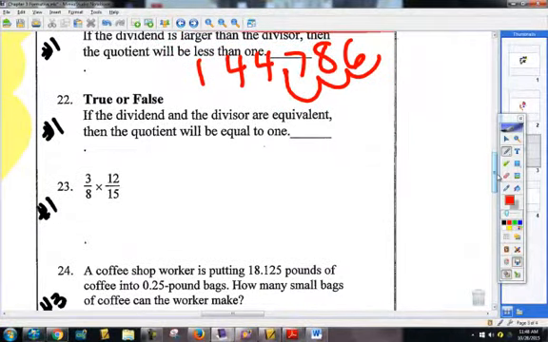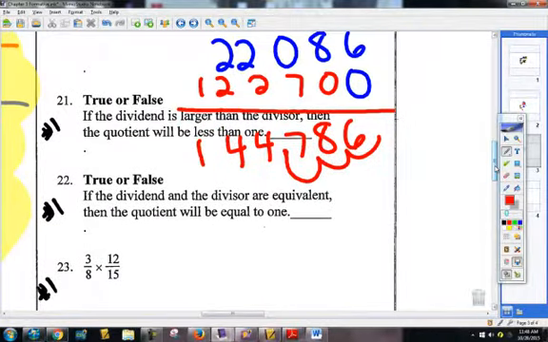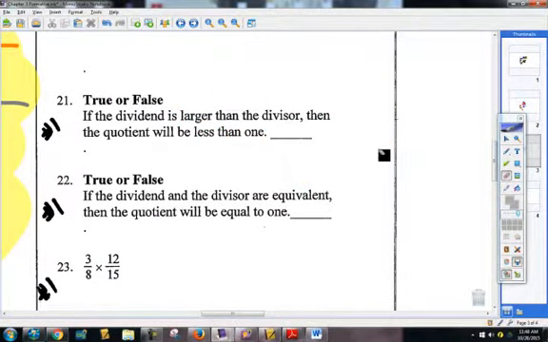If the dividend and the divisor are... Wait, I skipped one. If the dividend is larger than the divisor. Now, my thing is if you have a hard time reading and you have a hard time understanding what that's saying, because I have a hard time with that, to be honest with you, what I like to do is say, okay, if the dividend is larger than the divisor, I'm just going to do that.